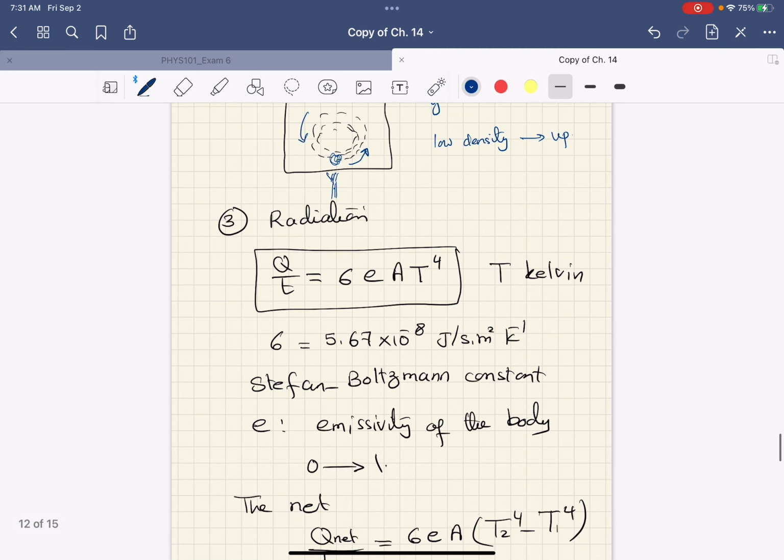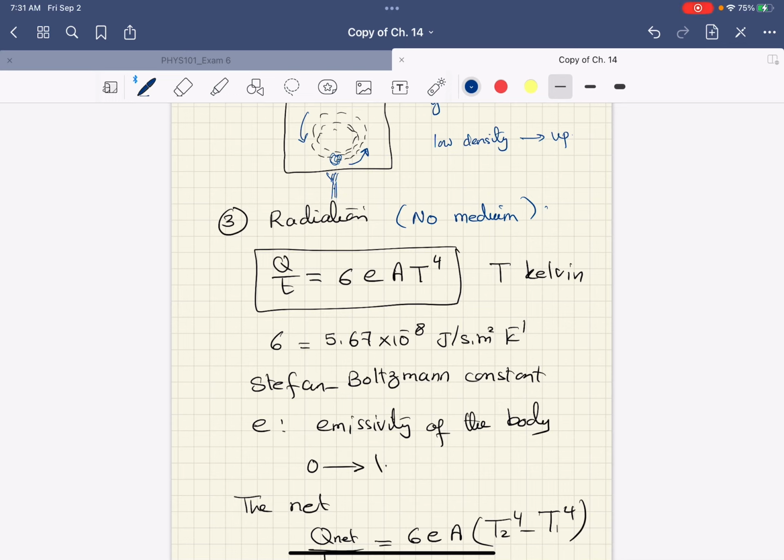Now radiation is the only one that we know doesn't need a medium for the heat transfer. And again, the heat transfer rate is going to be equal to a constant called the Stefan-Boltzmann constant, which is 5.67 times 10 to the negative 8, times e.